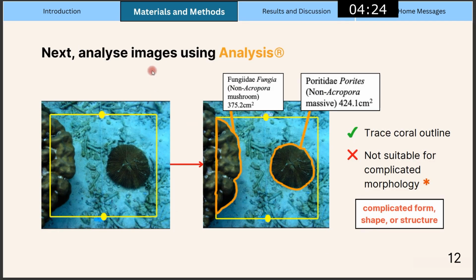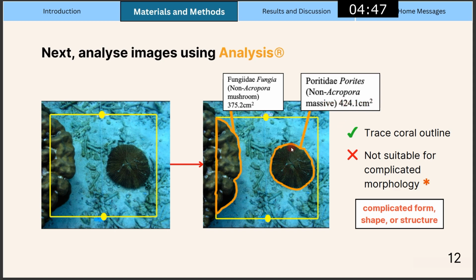Next, after we take all these images, we will analyze the images using a software called CPCe. This is the picture that we put into the software, and this is the result that we will get. As you can see here, it tells us about the genus, the life form categories, and the live coral area.